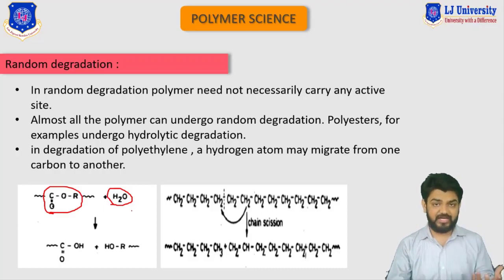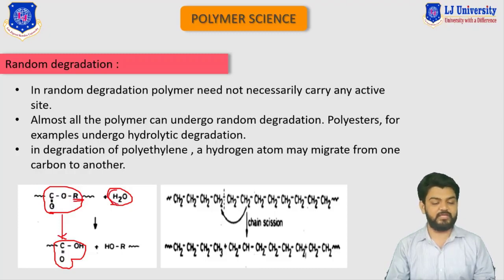So how does it actually degrade? You can see here that the active group is replaced with an acid, that is COOH, carboxylic acid. So your ester group is now replaced with the carboxylic acid. That means this specific R is attacked with the hydrogen from the H2O and it will replace here.